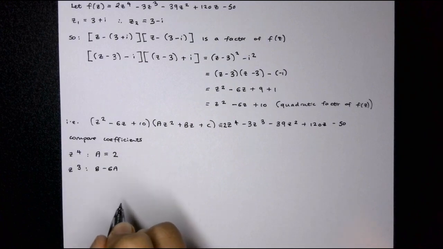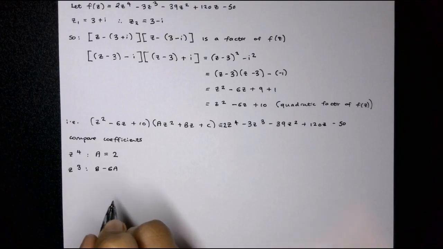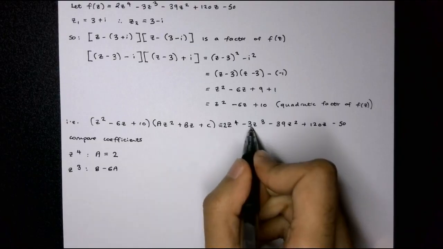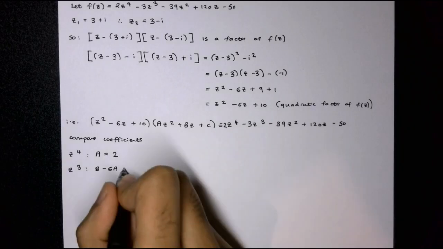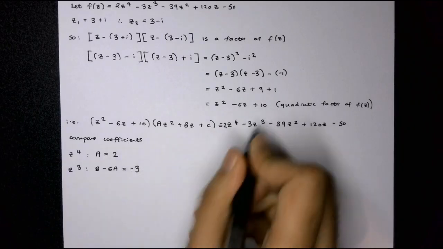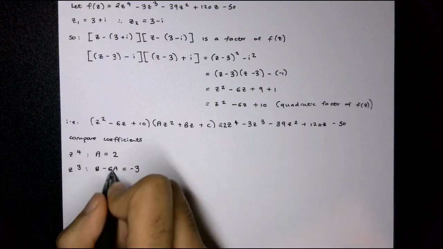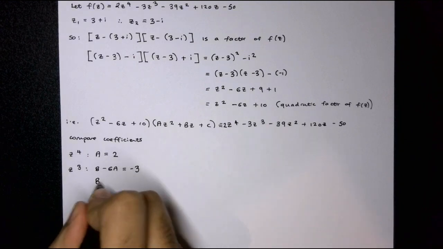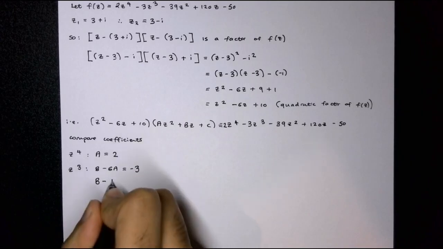And what else we know is on the right hand side we have minus 3z cubed, so the coefficient of z cubed is minus 3.